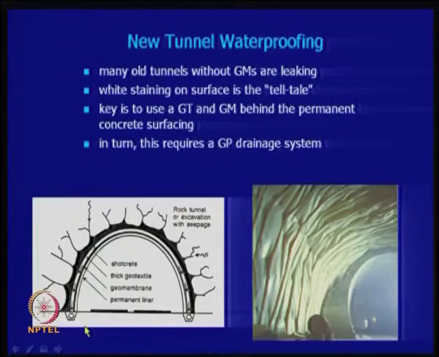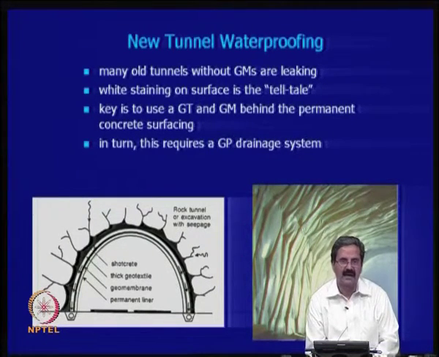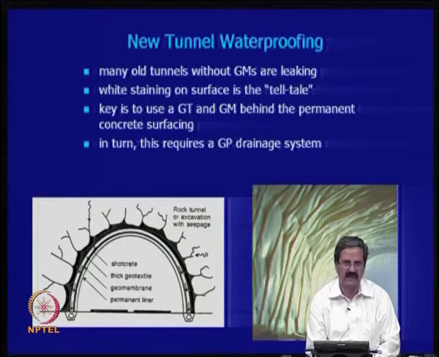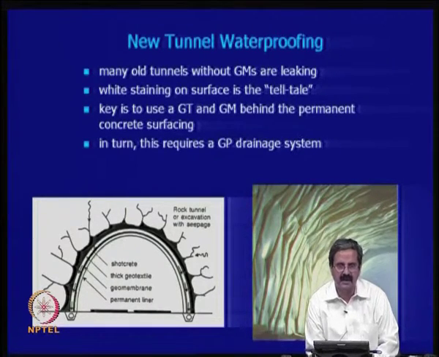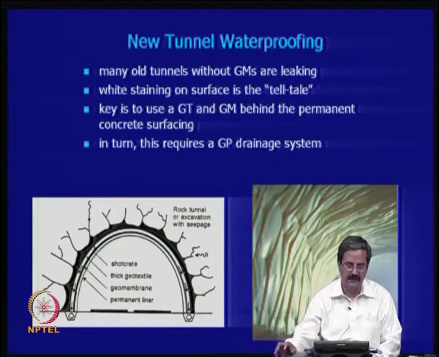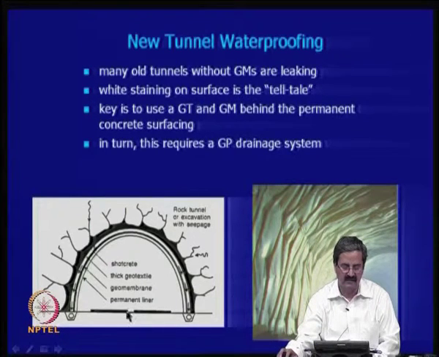There are many issues that one can have even in tunnels, like, for example, you go to the northeast and other places where they are trying to put railway lines through tunnels, and there is a lot of leakage in tunnels. It is very difficult to handle. You are trying to construct the tunnel and then the water starts seeping. So, what we do is we have a system where you first put some shotcrete, nothing but cement plus concrete, then you have a thick geotextile, then a geomembrane, and then a permanent liner.